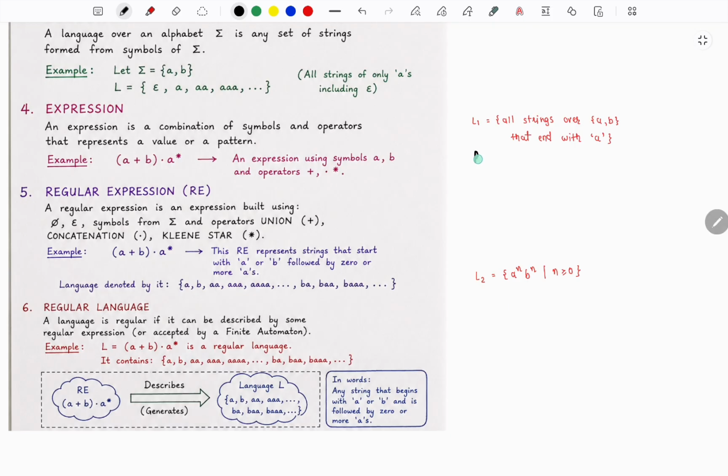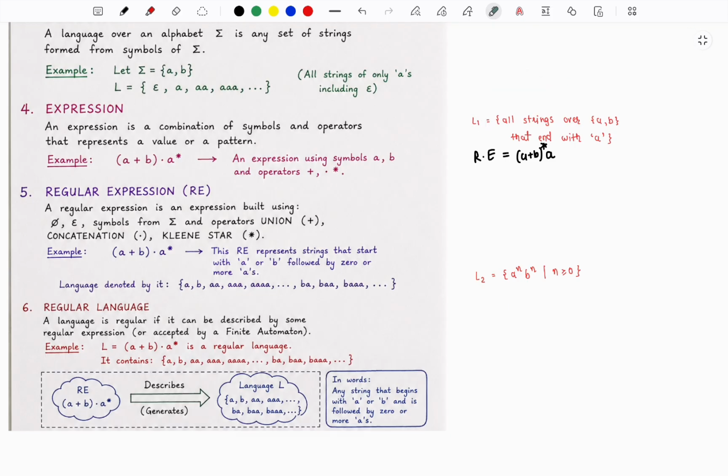Yes. That means at the end we need to write A, and before it, A or B any number of times. This is the regular expression for this language. So this language is described by a regular expression. So the given language L1 is a regular language.